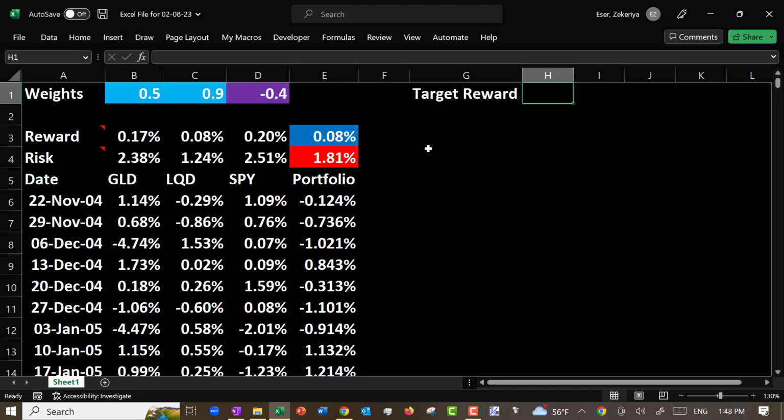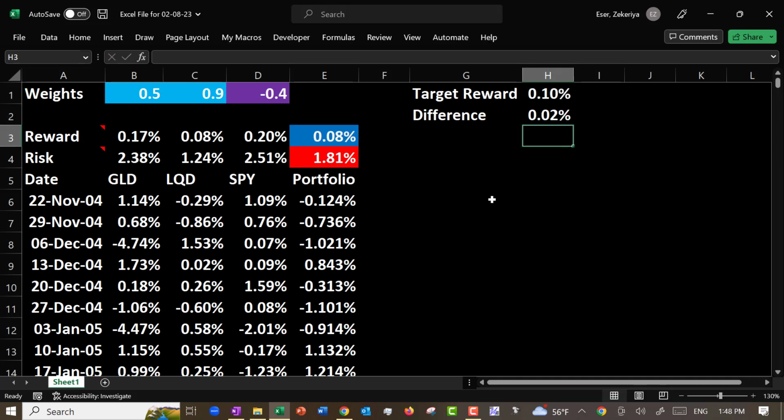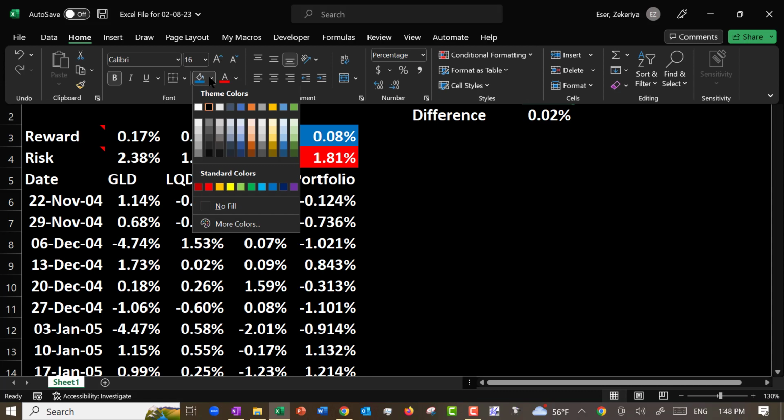The average is at about 20 basis points. So let's talk about 0.1%. Difference between my target return minus the actual reward for the portfolio. I'm going to make that blue, green.